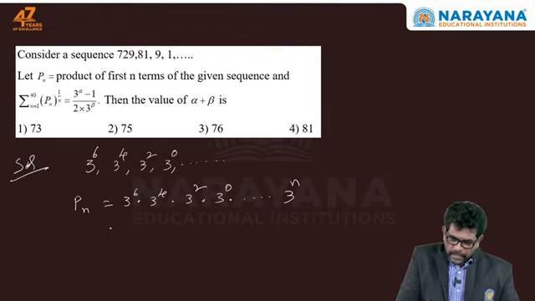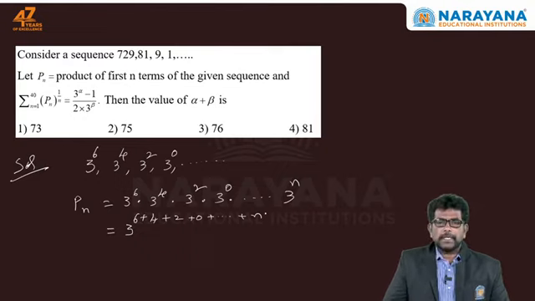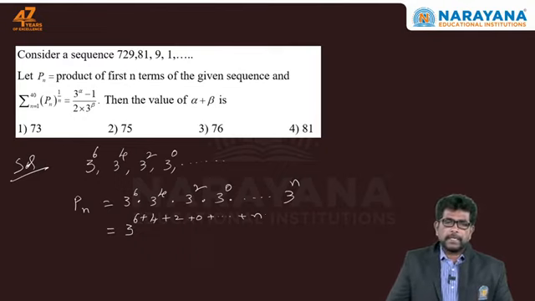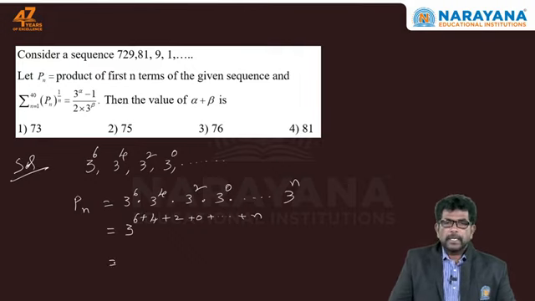Now, by simplifying, this is equal to 3 to the power of 6 plus 4 plus 2 plus 0 plus so on, n terms. Observe, the exponent is an AP with common difference minus 2 and the first term is 6, and it has n terms.